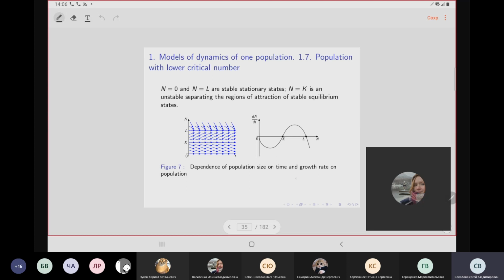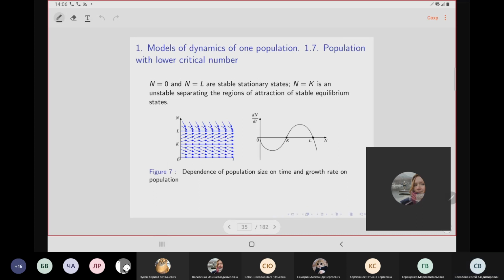So we see that the problem from the previous model is solved when the population is below K. In this region, n dot is negative.